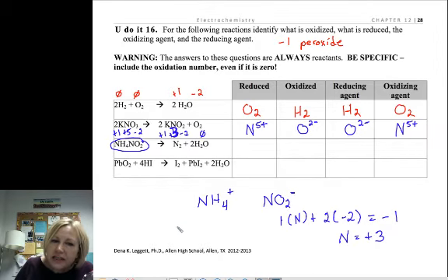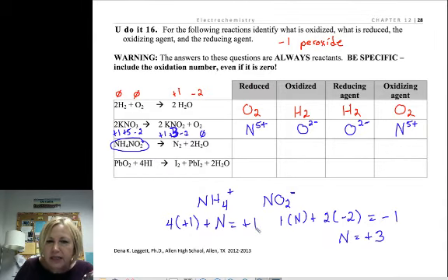And then this nitrogen, I have 4 hydrogens. They're each +1. The only time hydrogen's -1 is when it's all by itself with a metal as a hydride. So plus my nitrogen is equal to +1 left over. So 4 positives, subtract that over there, it would be -3.